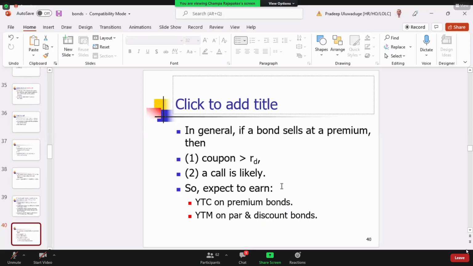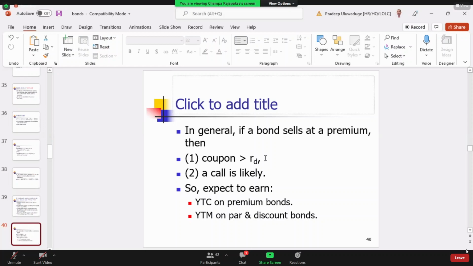So expect to earn YTC, or yield to call, on premium bonds, right? Coupon rate is greater than the market interest rate. So it is very attractive for the investor, but not very attractive for the company who has issued it, because when the market interest rate is lesser, they are paying more.